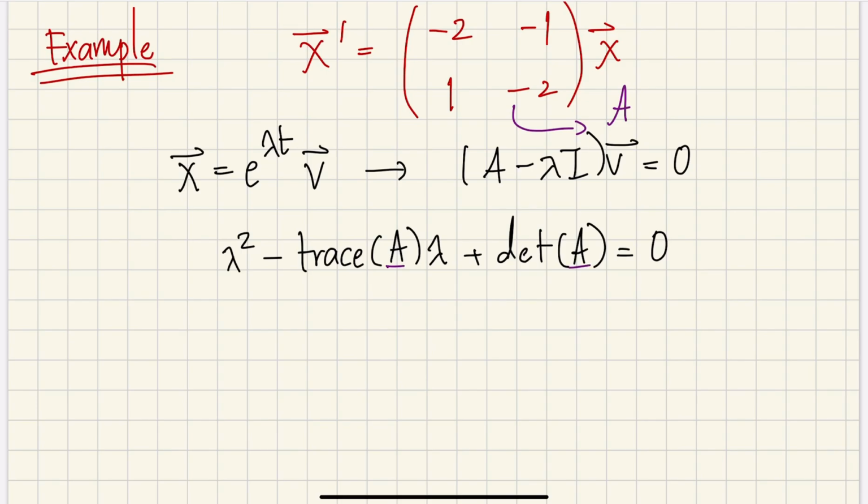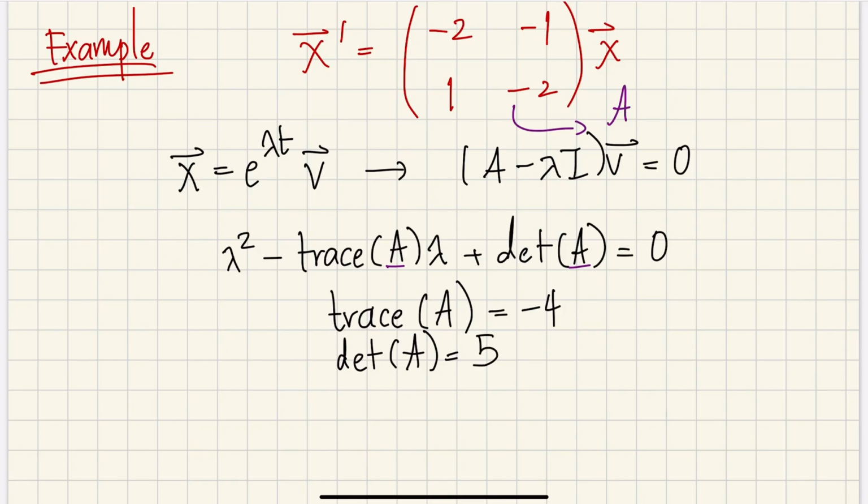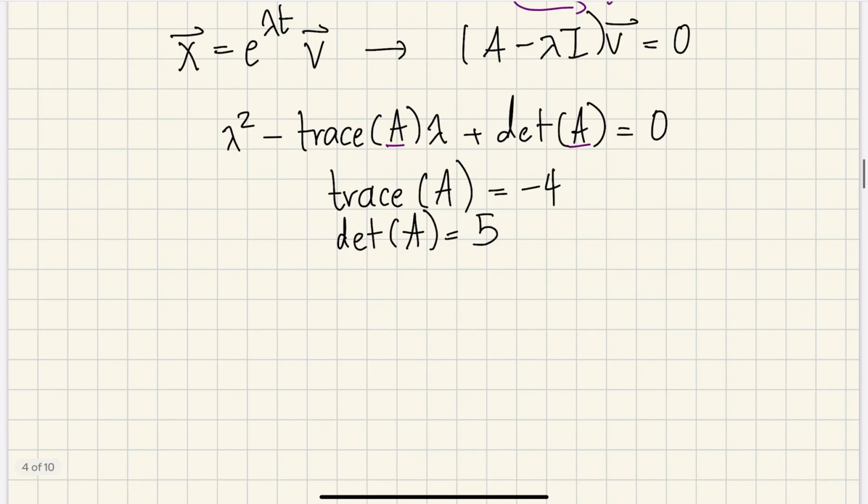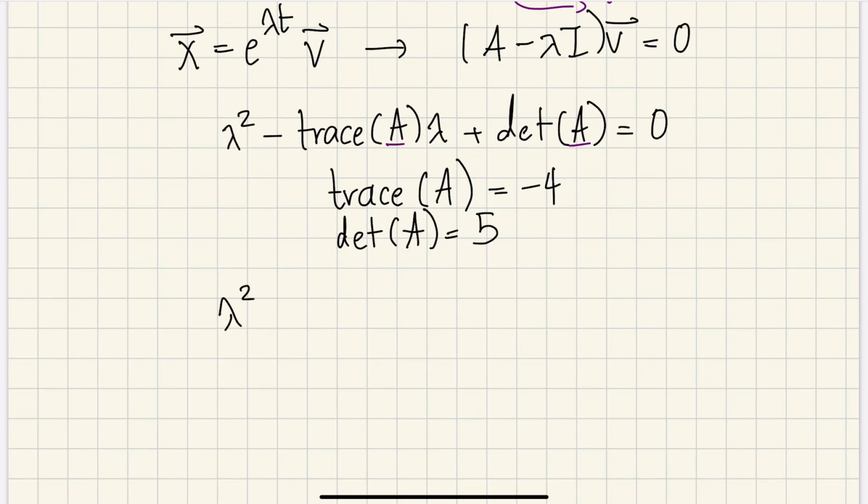So the trace of A is equal to -4, and the determinant of A is equal to 5. So this equation becomes lambda squared plus 4 lambda plus 5 is equal to 0.